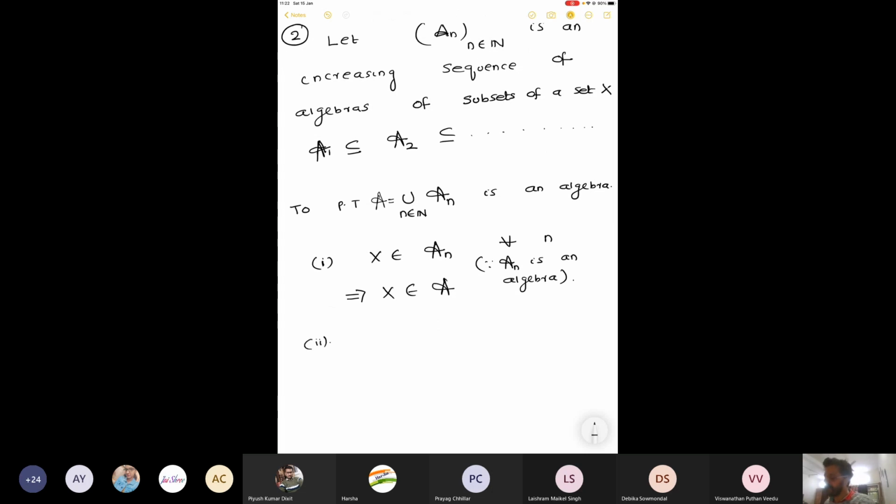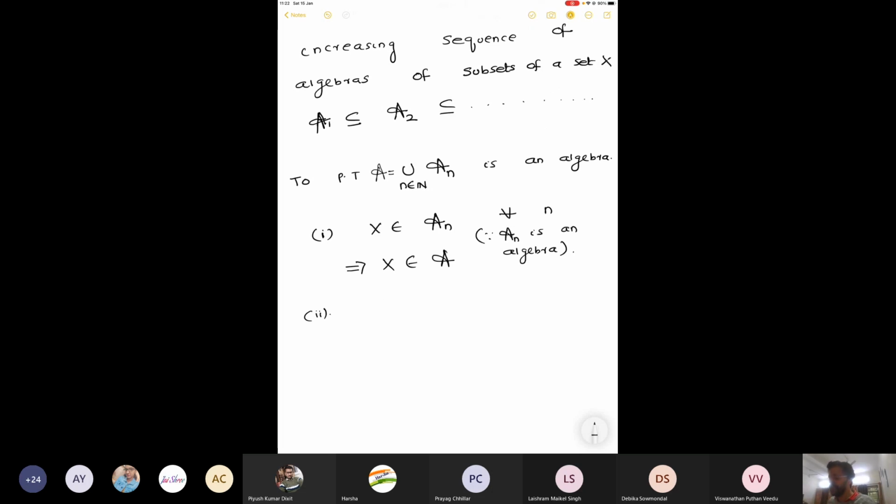Okay. So that obviously gives condition 1. Condition 2, if A is in script A, I have to prove that A complement is in script A. So let me see, fix some A, capital A, in script A. I have to prove A complement is in script A. This implies A is in union of script A_n.